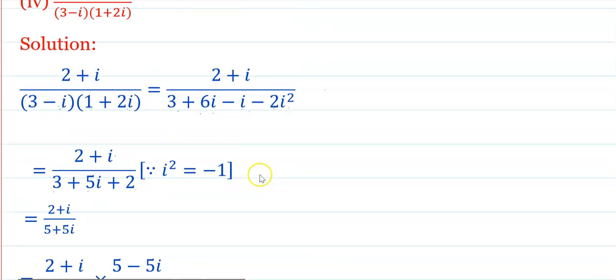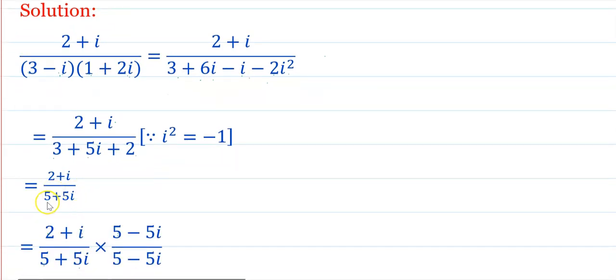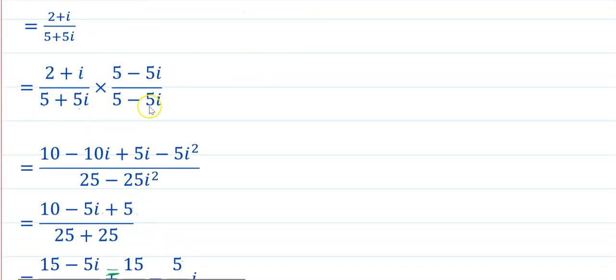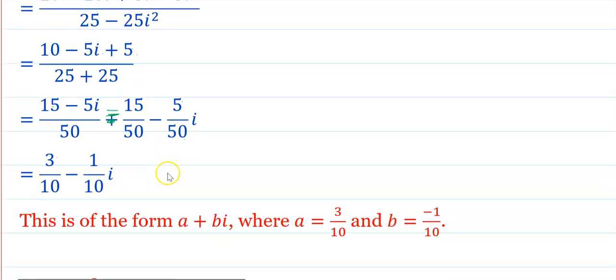Okay. Normal simplification. The brackets multiplication. Next, multiply the conjugate of 5 plus 5i, which is 5 minus 5i, to the numerator as well as the denominator. Again the simplification, multiplication of the numerator upon multiplication of the denominator. Okay, and you are getting the answer.